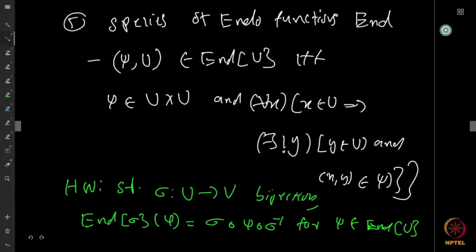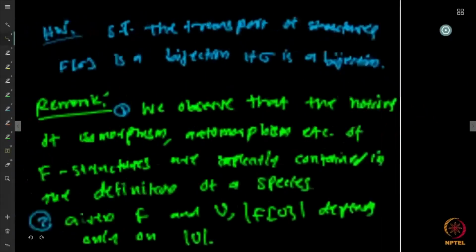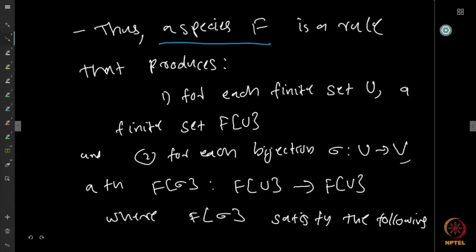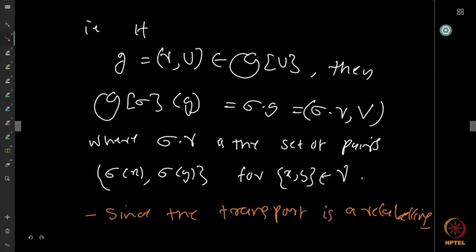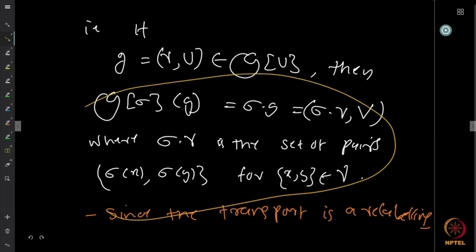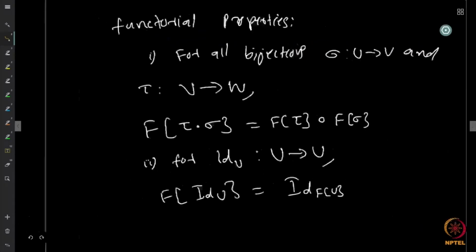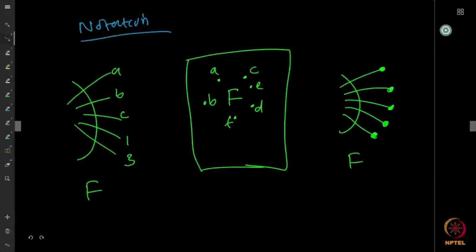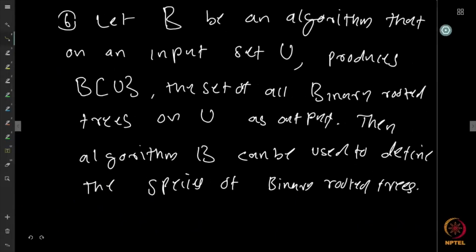For any sigma, what was happening? We mentioned in the example with the graphs what happened to G of sigma, right? So what was the transport? This way we have to mention what happens to the transport for each of the species in the question.